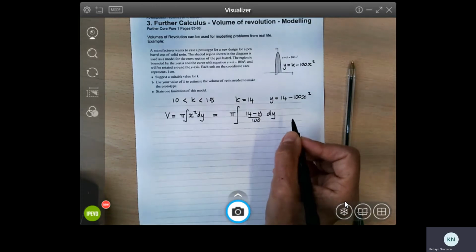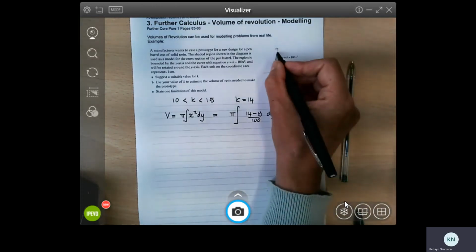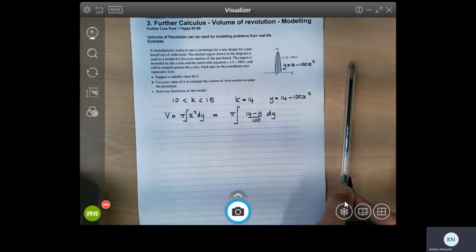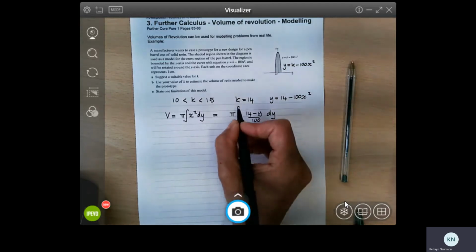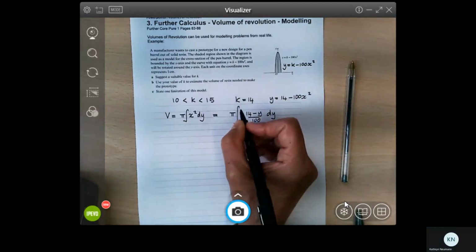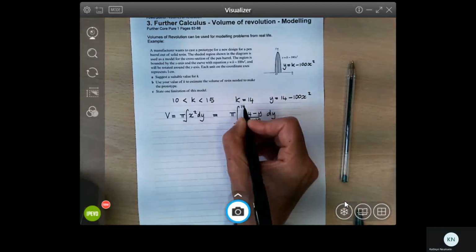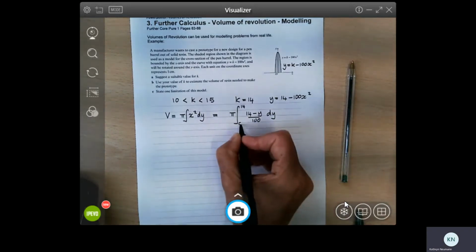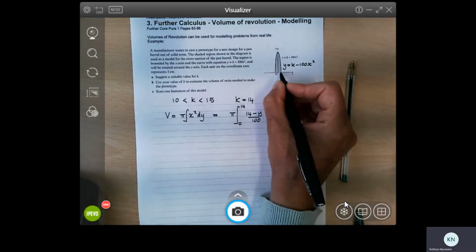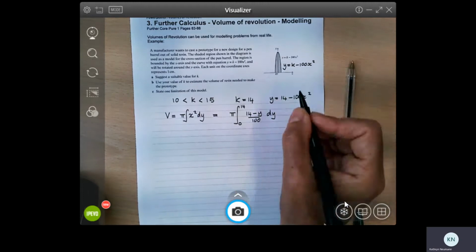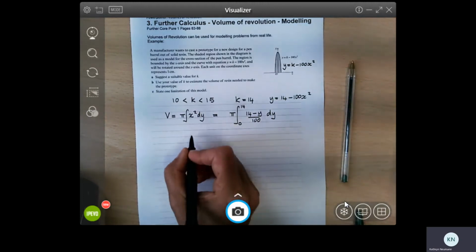I need to think what limits I'm going to use. The top limit is going to be the height of the pen, which is 14. And the bottom limit is going to be 0, because this is what we're rotating about. So now we get on to doing the actual integration.